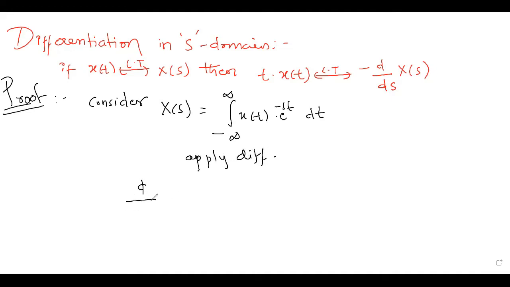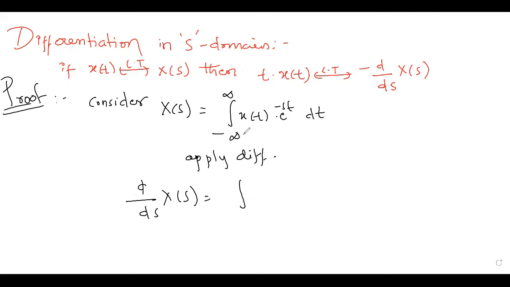That means d by ds of X of s is equal to the differentiation of this total integration with respect to s. But when we are doing differentiation with respect to s, except s, whatever terms are there, they all are treated as constants, isn't it?